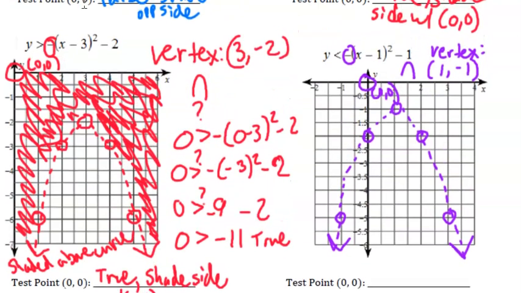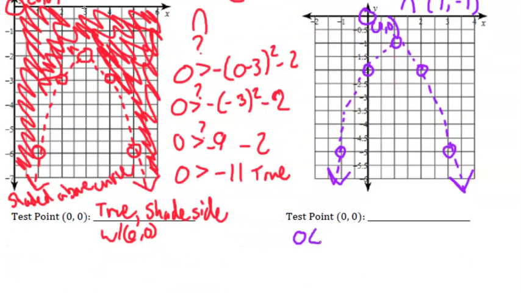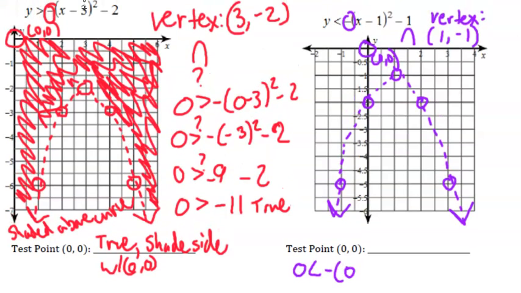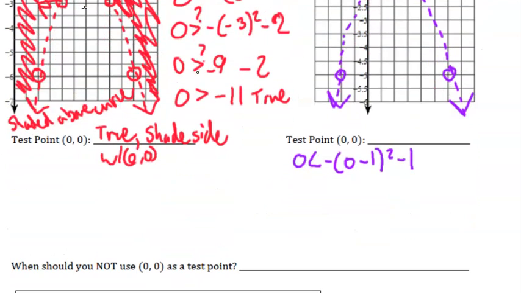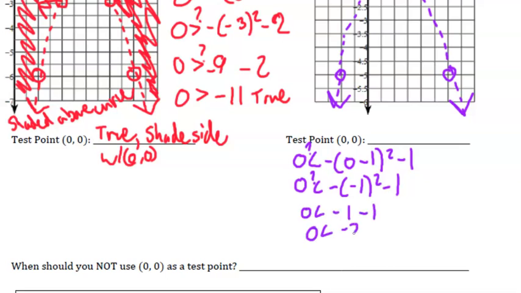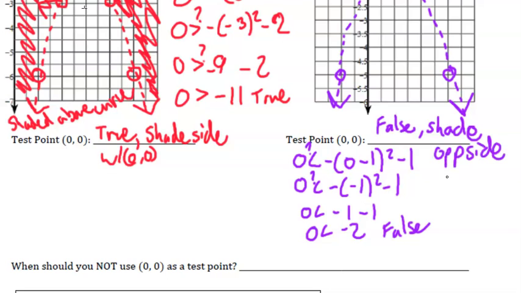So is 0 less than -(0 - 1) squared minus 1? Is 0 less than -1 squared minus 1? 0 is not less than -2. So it's false. Shade the opposite side. So this is going to be below.